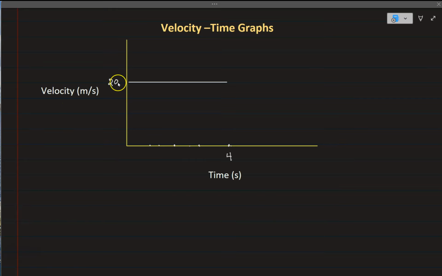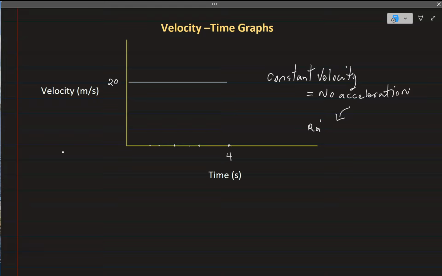The velocity has not changed. It's a constant velocity. By definition, if it's constant velocity, that means no acceleration. And remember, acceleration was the rate of change in velocity. So we know that intuitively.